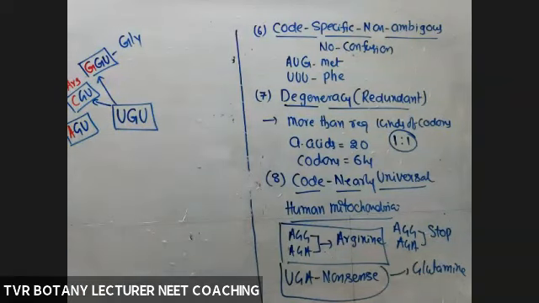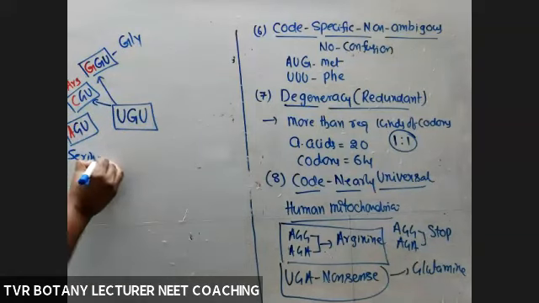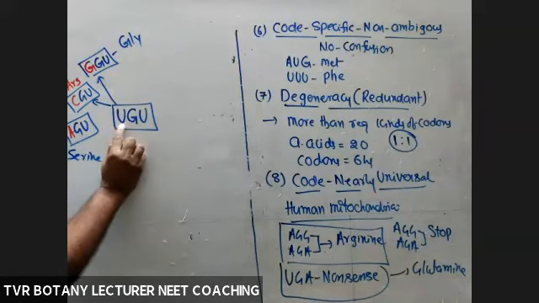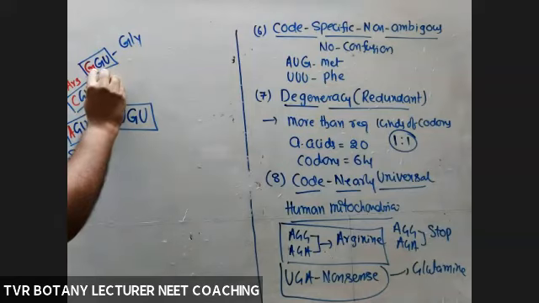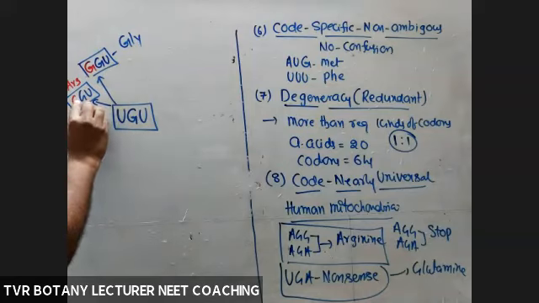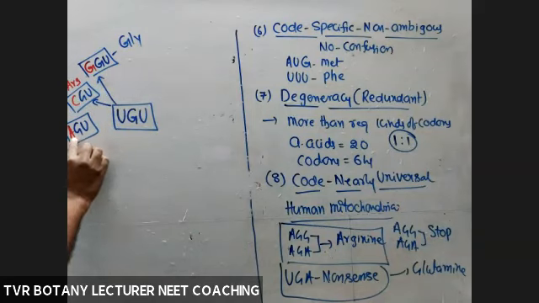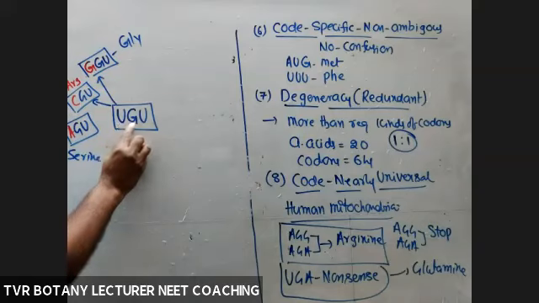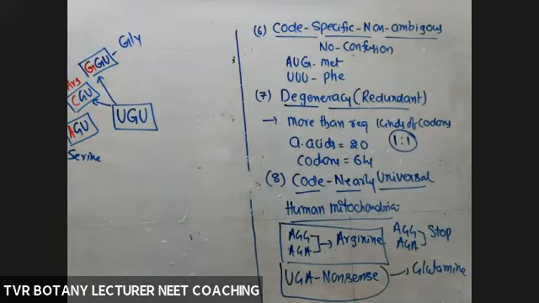This one codes for serine. So the first position nucleotide is replaced by guanylate, cytidylate, or adenylate, three times. So by that you can create three kinds of codons.